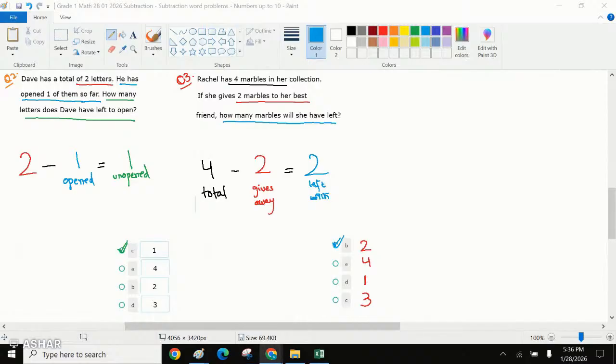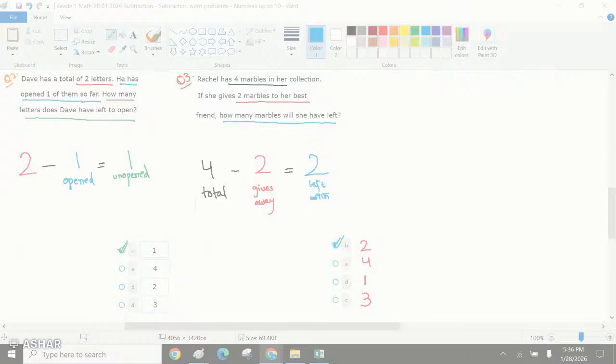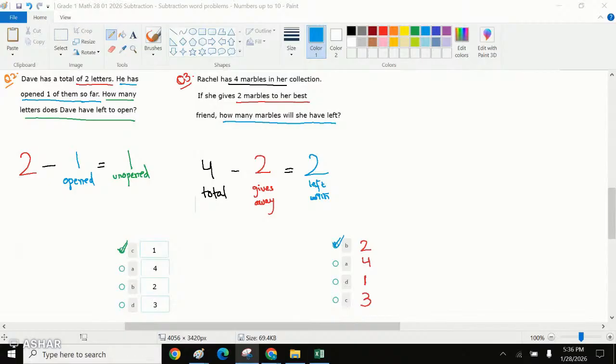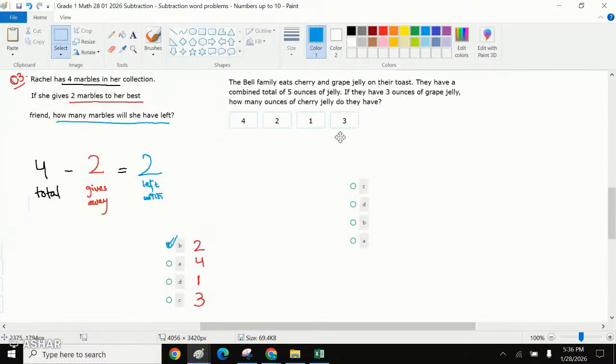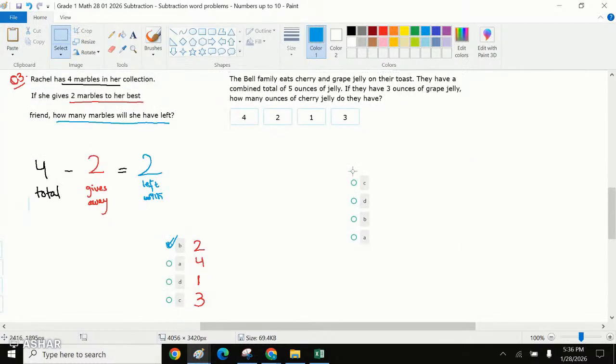For the next question, it says the Bell family eats cherry and grape jelly on their toast. What they've done is they have given the same word problem, but they have changed the numbers, the answers. Okay, so let's have a look. Option number A was 4, option number B was 2, option number C was 1, and option number D was 3.